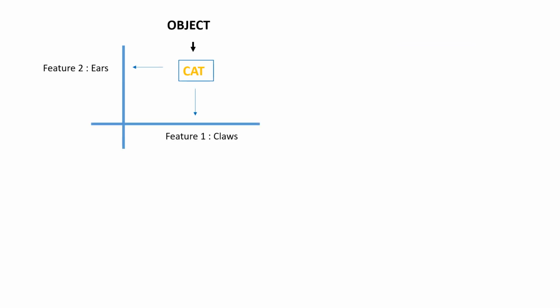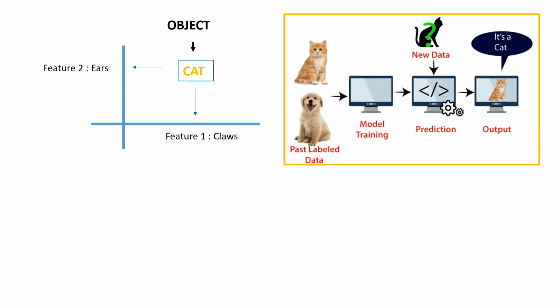Let's take a simple example of a child who is looking at a cat and asks his mother whether it is a cat or a dog. Mother tells the child that you can identify between a cat and a dog by their features. Cats have sharp claws, small ears, they meow and purr and do not like to play.